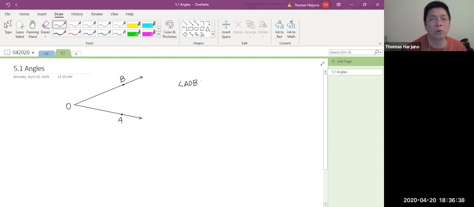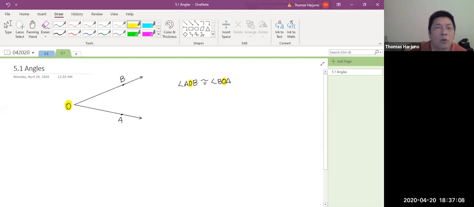or we can also call this angle BOA. In geometry, we call these two angles congruent because they are reflexive. Basically, if you write the angle using three letters, then the vertex is written in the middle. That's the vertex.